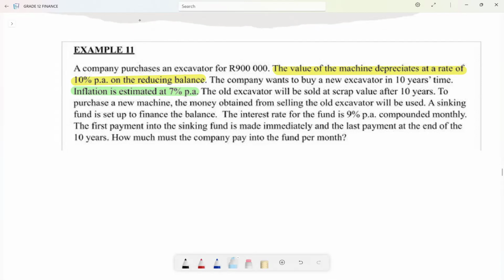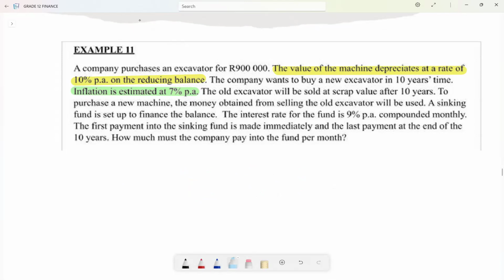We know that the money you sell the excavator for after 10 years will not be enough to buy that excavator. In actual fact, you will need to take that money and add it to some amount that you need to save. The saving that we need, we refer to that as the sinking fund.